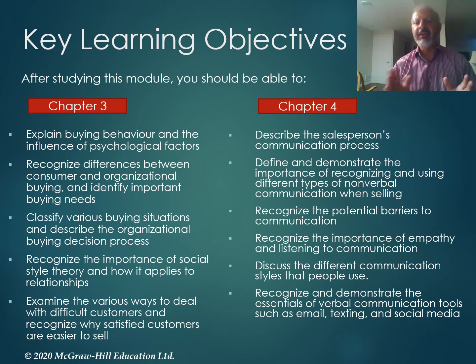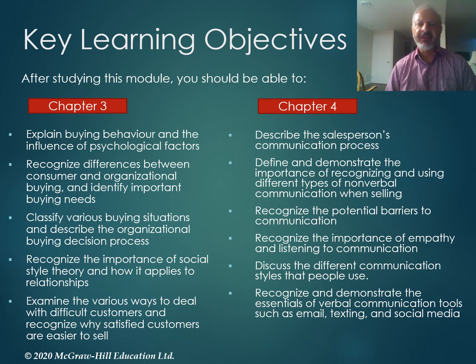So some of the key learning objectives in Module 2 are as follows. If we look first at Chapter 3, remember Chapter 3 deals with the psychology of selling. So some of the key learning objectives in that area is that we're going to explain buying behavior and the influence of psychological factors on it.